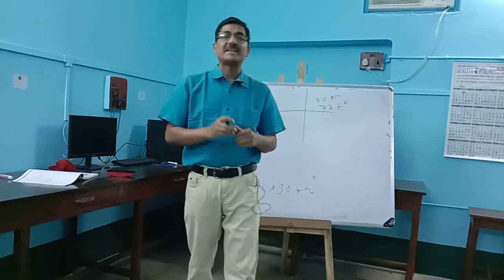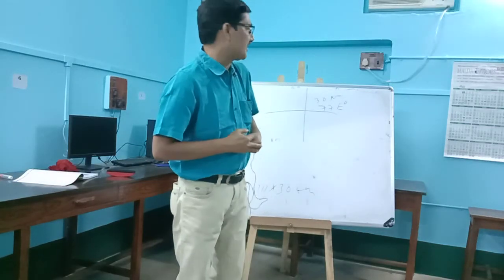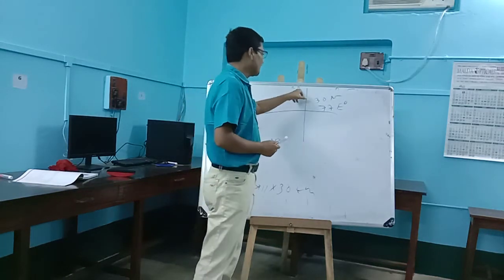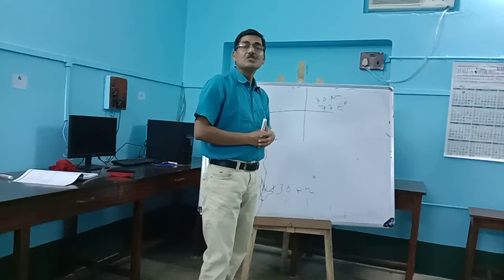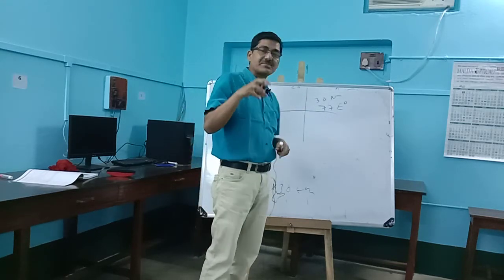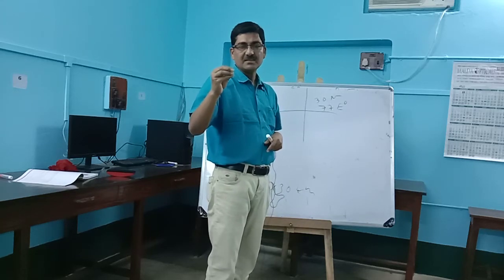This is the location of Delhi. So we can easily find out the location of any place with the help of the lines of latitude and longitude. The intersecting point between these two lines gives us the exact location of any place.